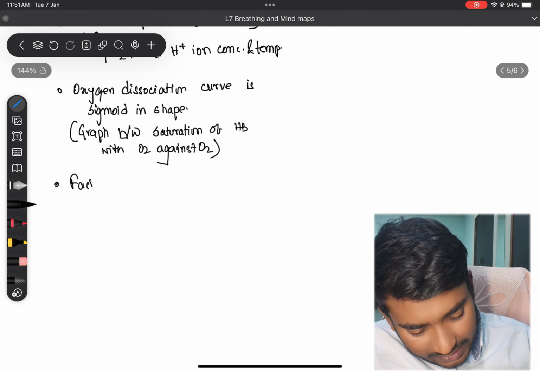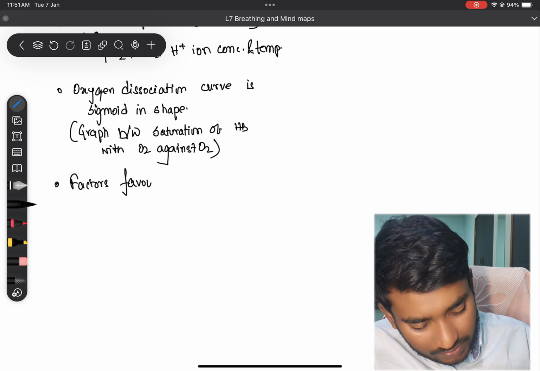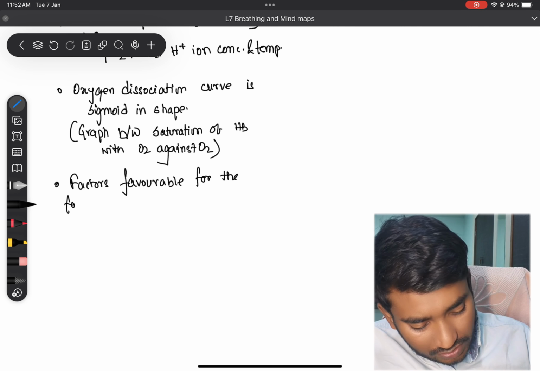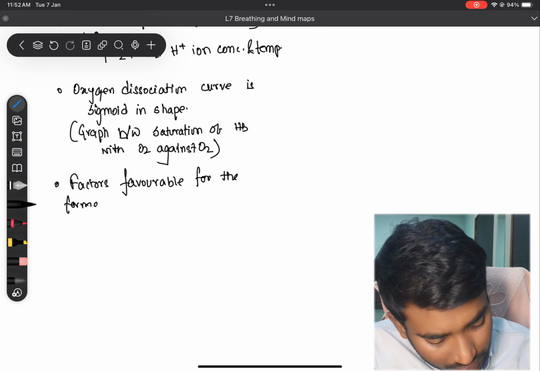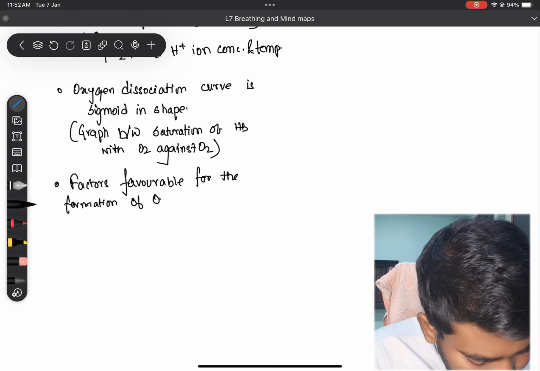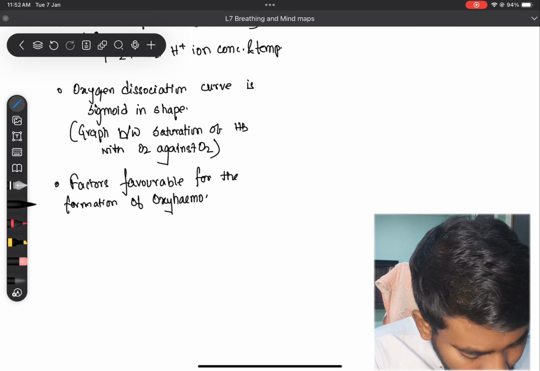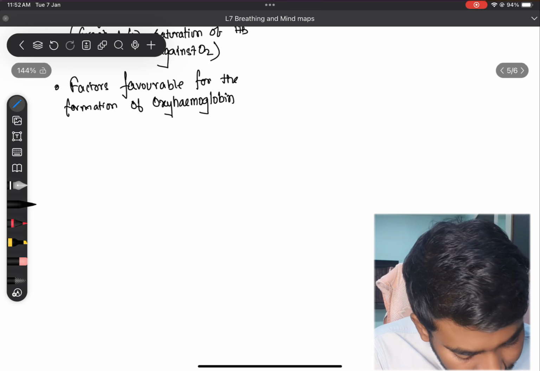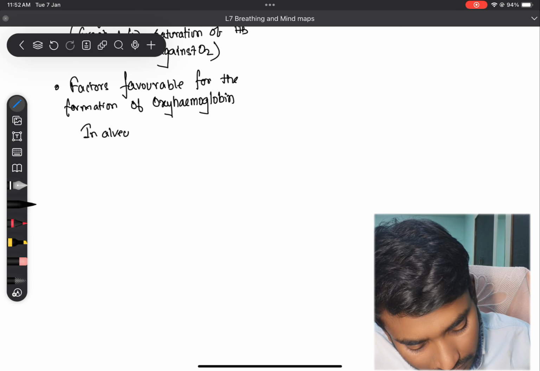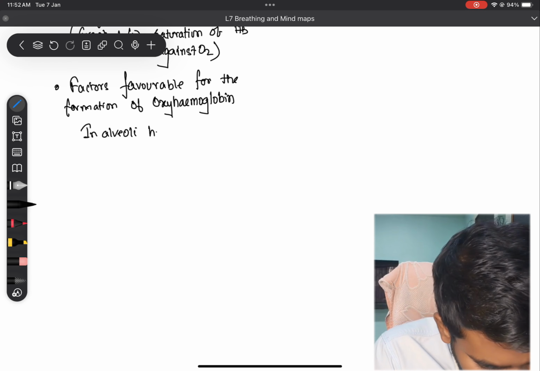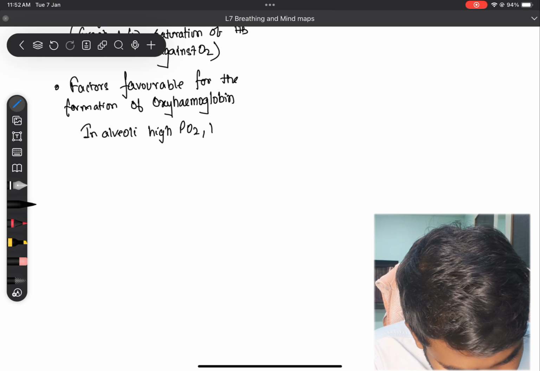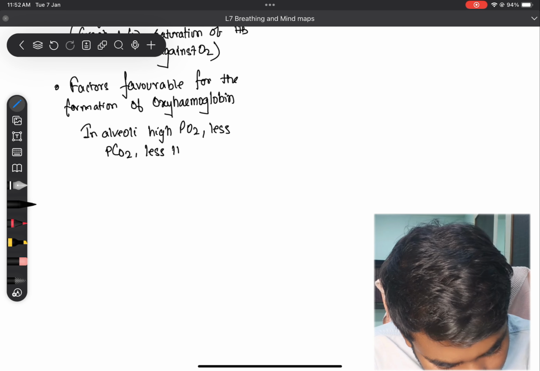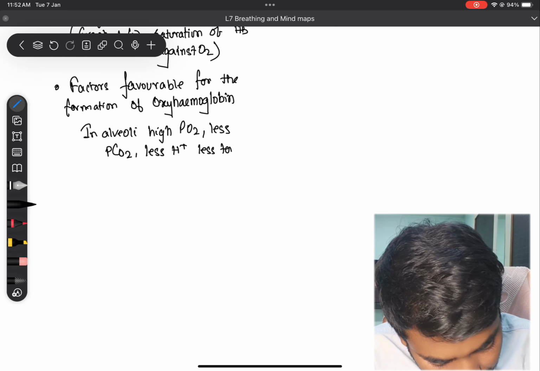Okay, factors favorable for the formation of oxyhemoglobin in alveoli: high PO2, less PCO2, less H plus, less temperature.